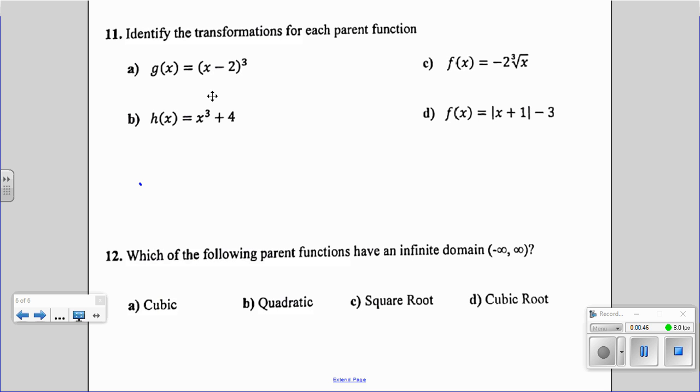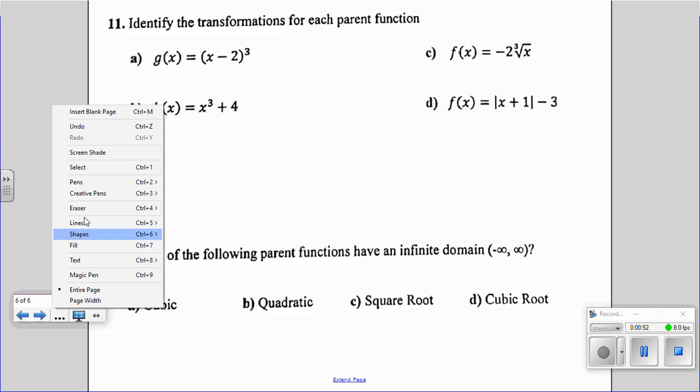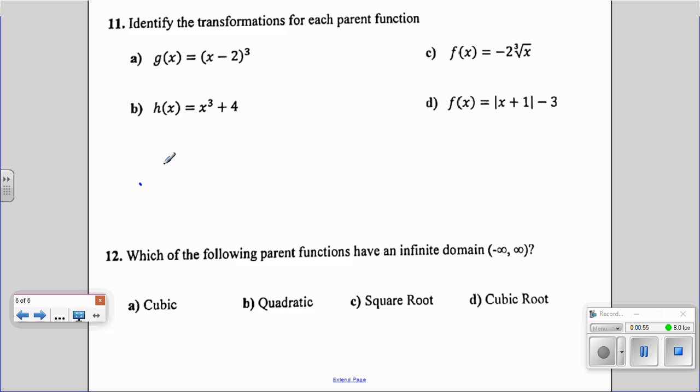However, we're going to do the opposite, which is we're going to move to the right. So it's going to shift right 2 units.